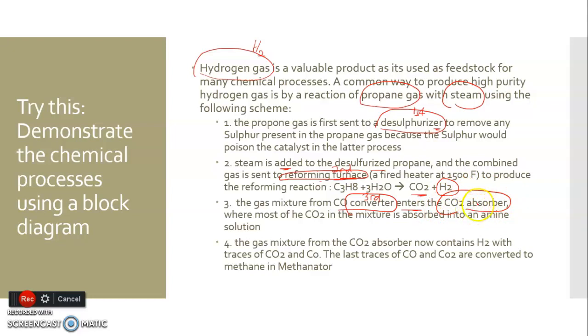So this is our fourth block, where most of the CO2 in the mixture is absorbed into an amine solution, liquid. The gas mixture from the CO2 absorber now contains H2 with traces of CO2 and CO. So there are two unwanted byproducts. The last trace of CO is converted to methane in the methanator. The methanator is our fifth block.